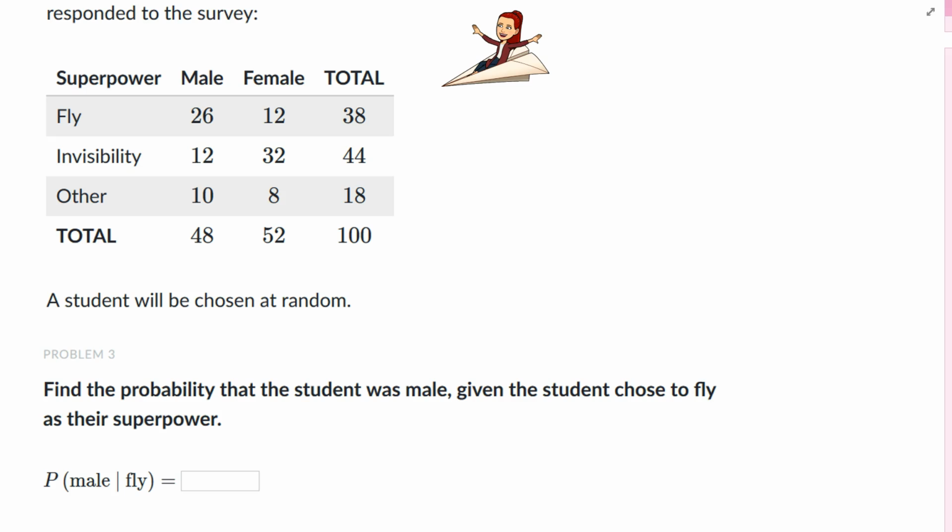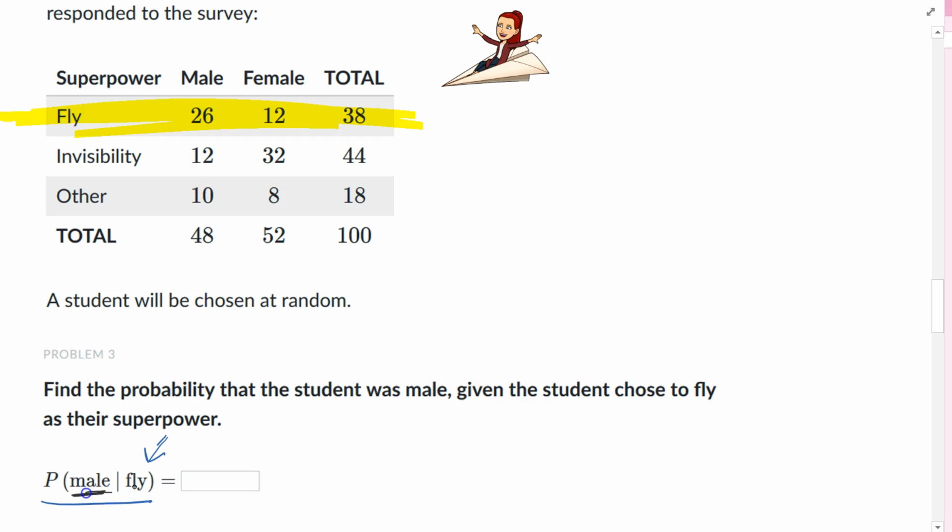Here's where we get to the new stuff. So we see something like this is a conditional probability. We're only talking about the students that decided to choose fly as their superpower. So our universe now is only going to be these people. And we want to know, if a student was chosen at random, what's the probability that the student was male given that they chose flying as their superpower.